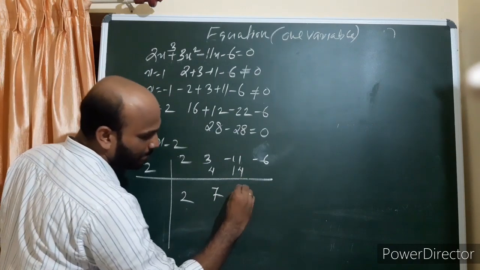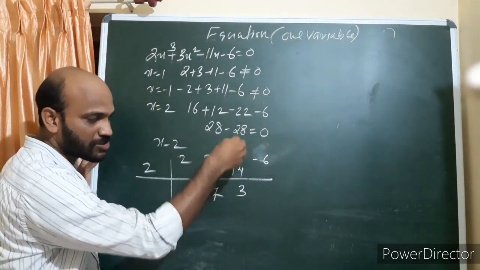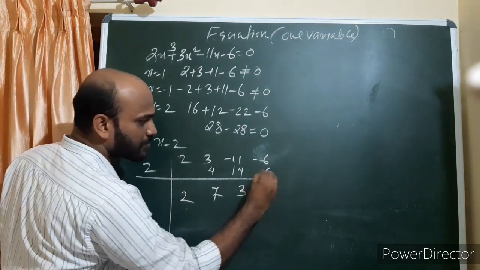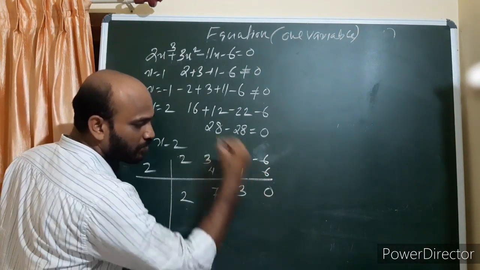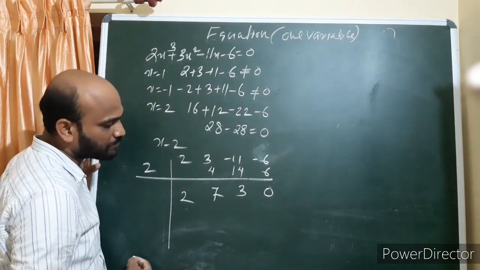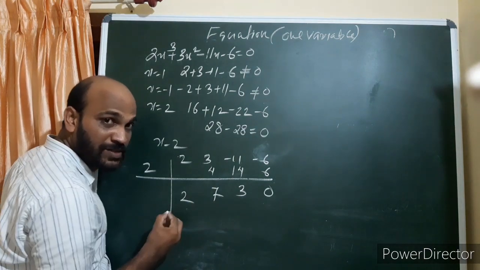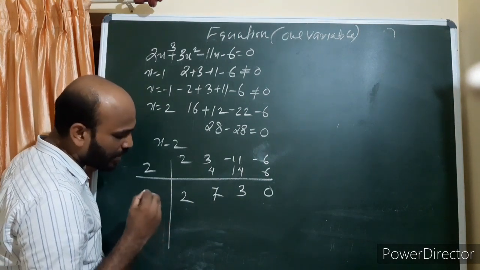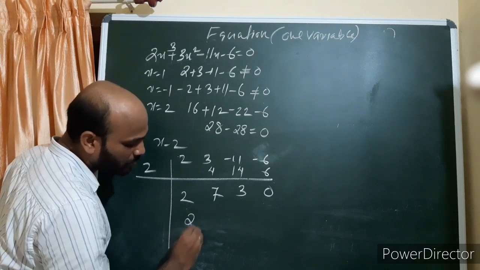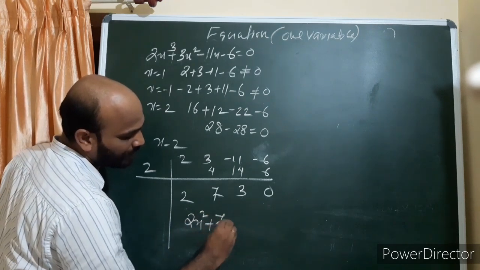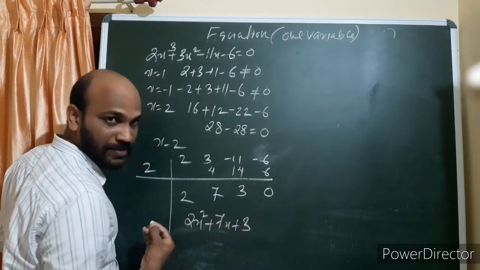Then this will be 3. Adding these two. 2 into 3, 6. Minus 6 plus 6 equal to 0. That means these are the coefficients of the quadratic polynomial, and the quadratic polynomial will be 2x square plus 7x plus 3.